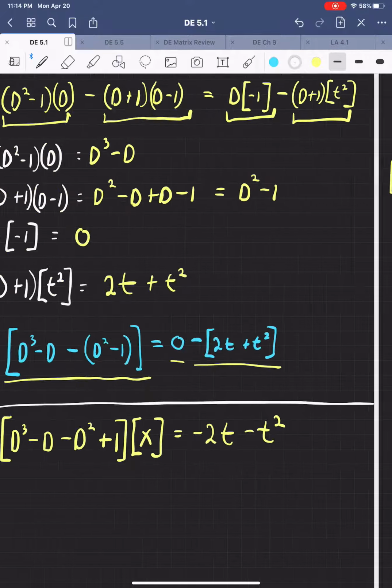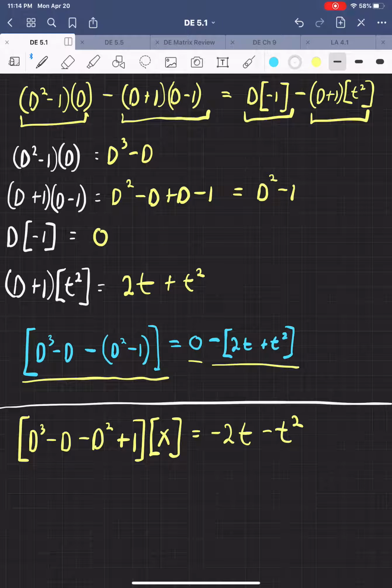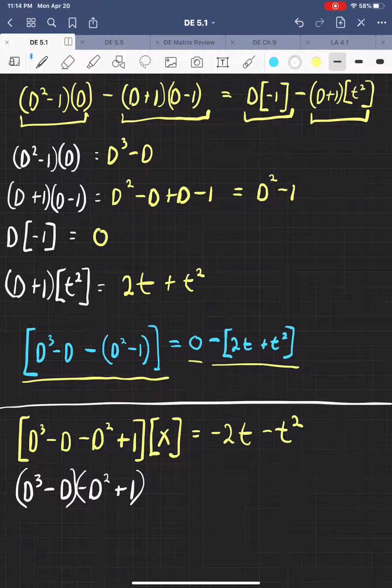See if I have enough room on the previous page. I do. So all I'm doing right now is I just want to show you how you can basically group this up and factor it all out. Okay, so for example, you can place some arbitrary parentheses here and here. You can factor out a d squared here.